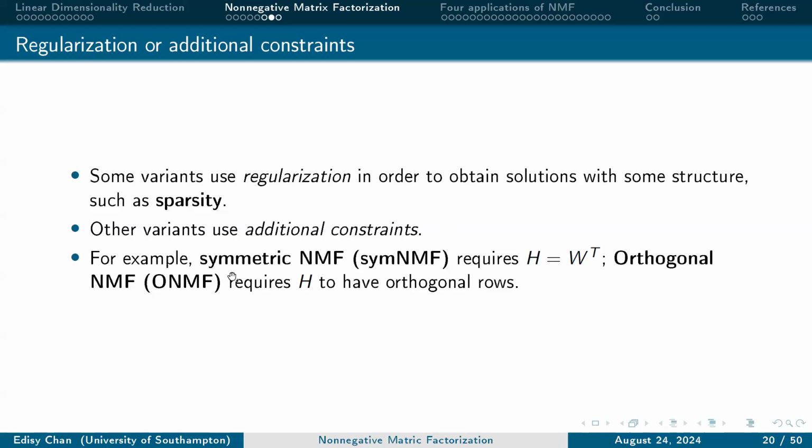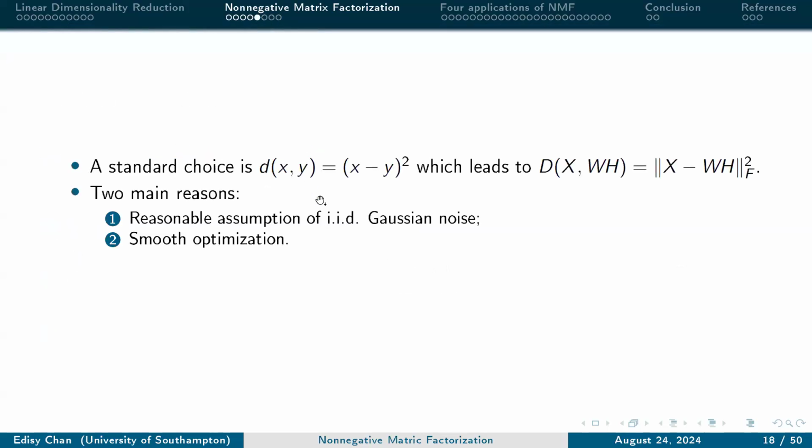For example, if we require H to be the transpose of W, we get the so-called symmetric NMF. Or if we require H to have orthogonal rows, then we get the orthogonal NMF, called ONMF. But we won't go into them too deeply. We basically focus on the standard one, this one.